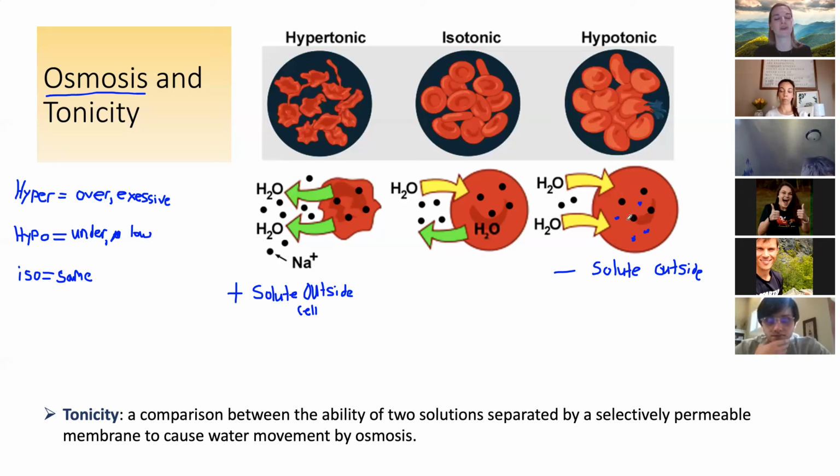So those of you going into the medical field or things of that nature, when you think about why you wouldn't give a burn patient or someone who's dehydrated just plain H2O in an IV, it's because it would cause their red blood cells to explode, right?